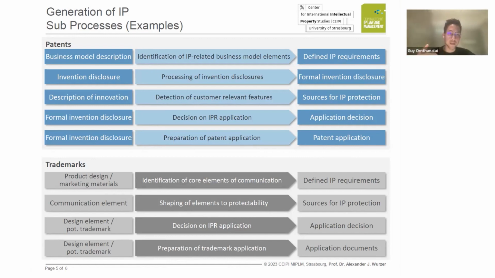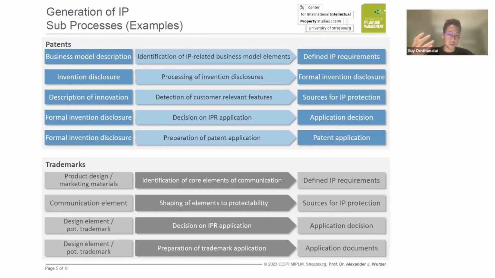Then the process would be identification of IP-related business model elements, and the output would be the definition of IP requirements. For invention disclosure, we have the process of invention disclosure, and then the formal invention disclosure as the output of this sub-process.